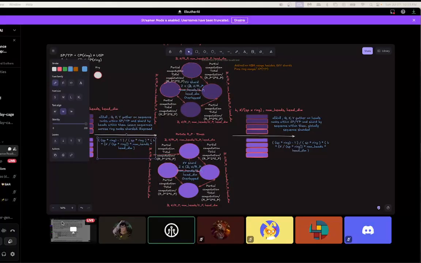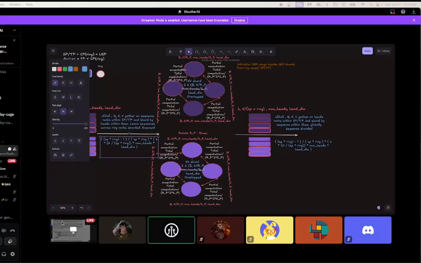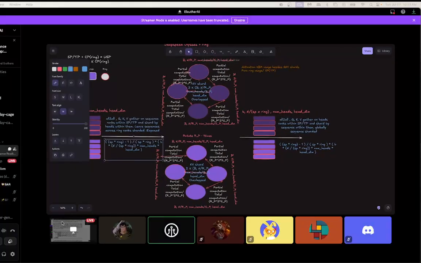Yeah. For me, it's easier to visualize it just as a rectangle, like the mesh basically. So let's say we have the rows as the Ulysses dimension, right? Say we have 2 rows, and then we have 4 columns, which is the ring group.